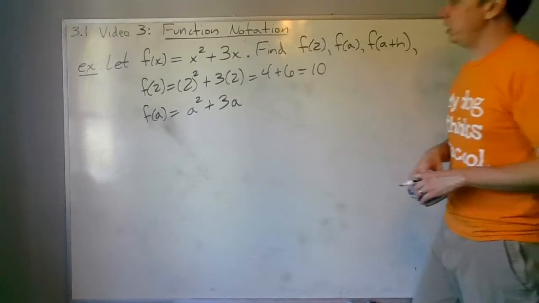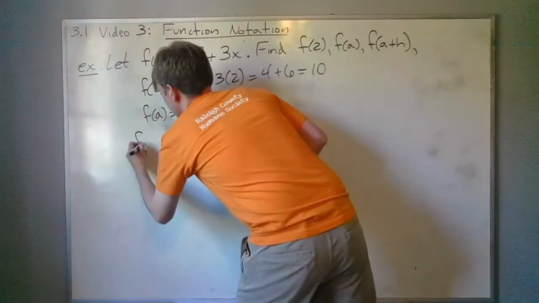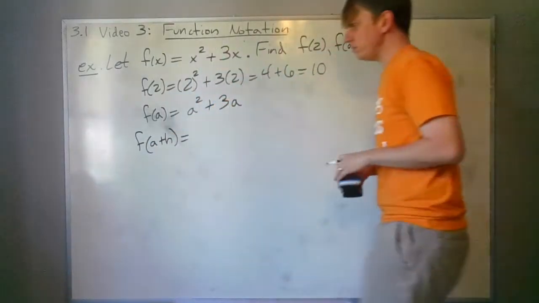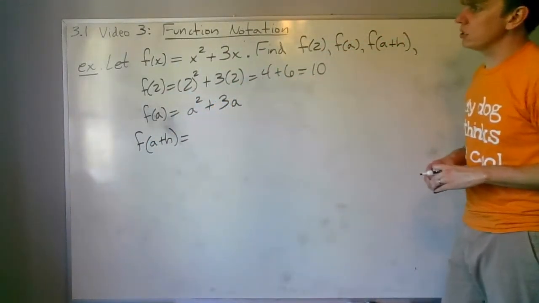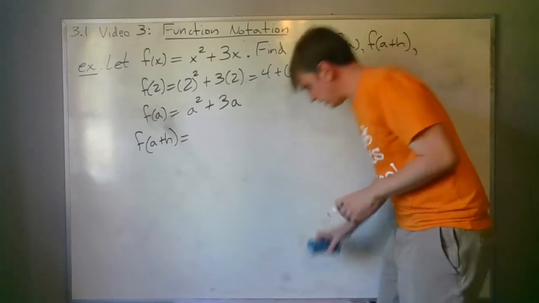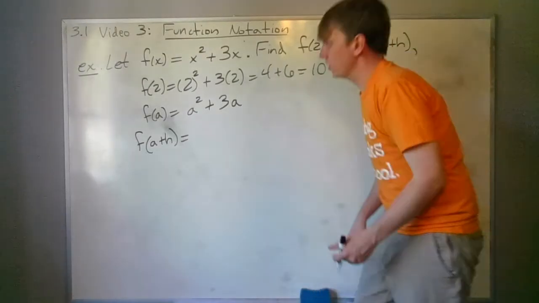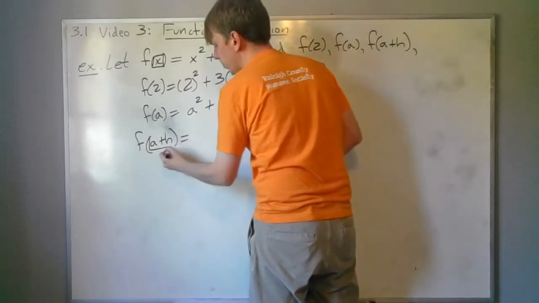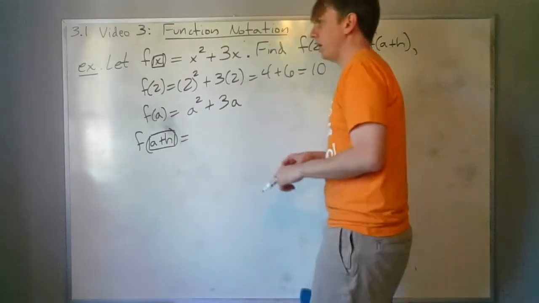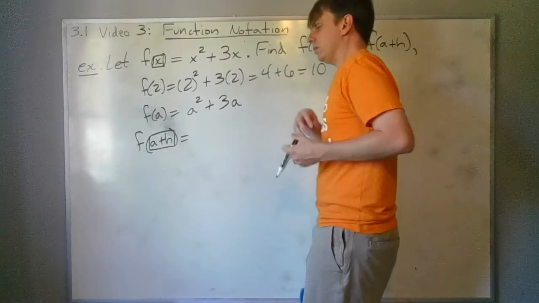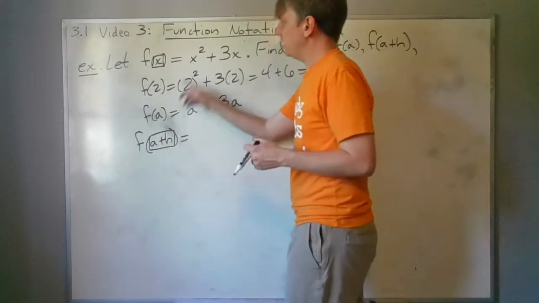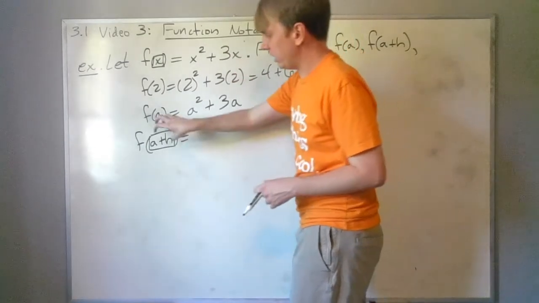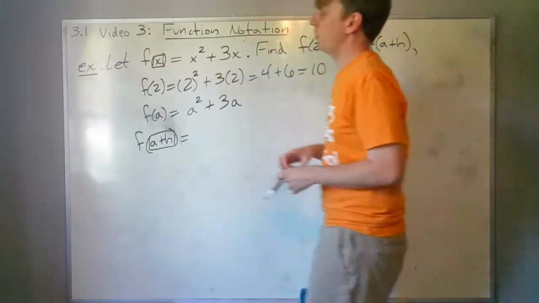Okay, a plus h. This one I do have to be a little careful of, because looking back at the original, where the original problem had an x, I now have this a plus h. The tendency is going to be to put a in one spot and h in the other spot, but that's not what it says. It says we're taking a plus h and sticking it in for x.